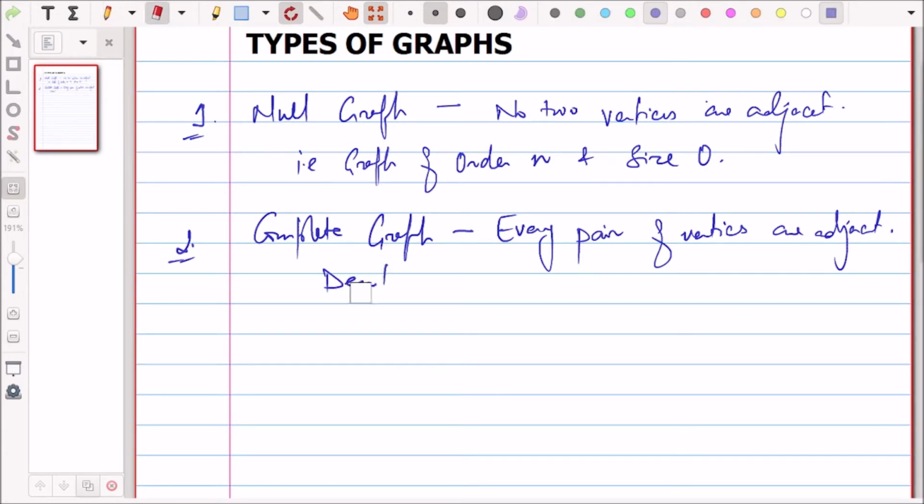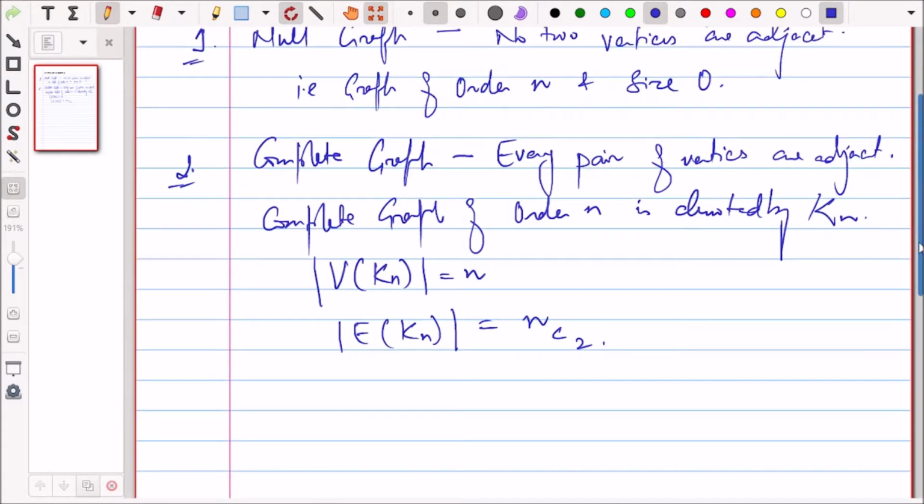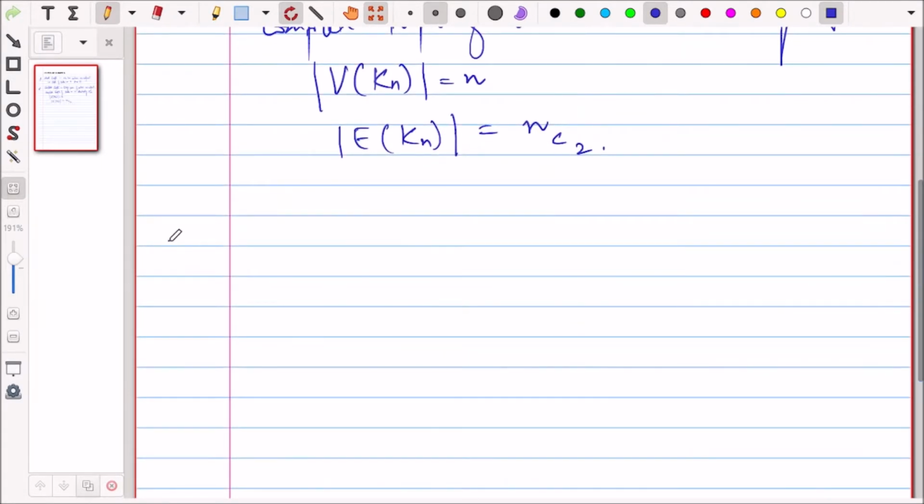So complete graph of order n is denoted by Kn. So number of vertices in Kn is n, and number of edges in Kn is nC2. Okay. Is it fine? Now third type is bipartite graphs. Okay.